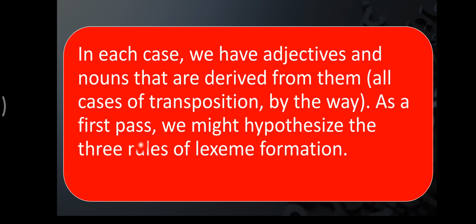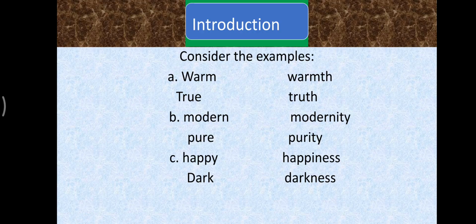As a first pass, we might hypothesize three rules of lexeme formation. What are the three rules? In the first column, when we add th, it becomes a noun. In the second column, when we add ty, it becomes a noun. And in the third, when we add ness, it becomes a noun. Adjective, noun; adjective, noun; adjective, noun.